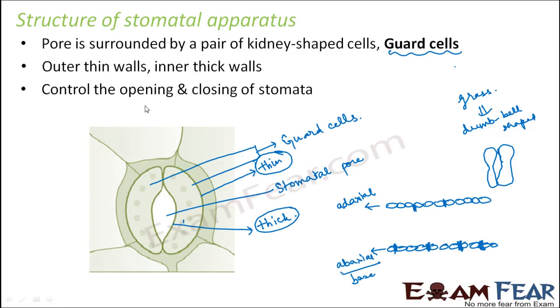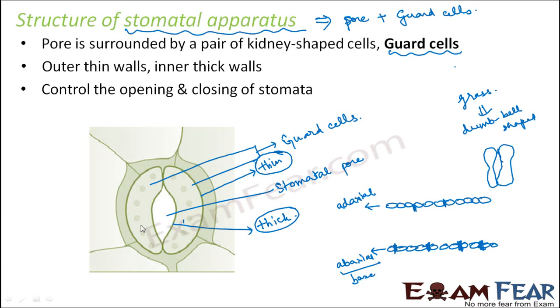Now again, one more thing, when we say stomatal apparatus, what is stomatal apparatus? Stomatal apparatus includes the stomatal pore plus the guard cells. So everything all together, the entire package together is known as the stomatal apparatus. Not only the pore and the guard cells, but also the outer tissue. Here you also see a cell.